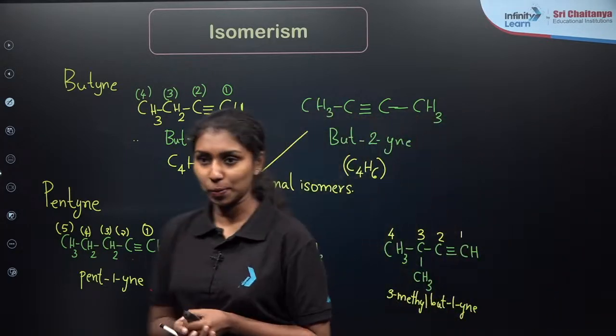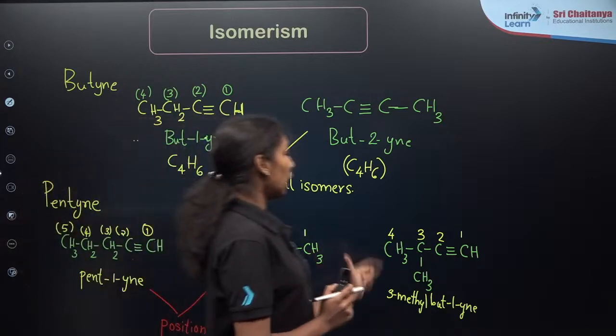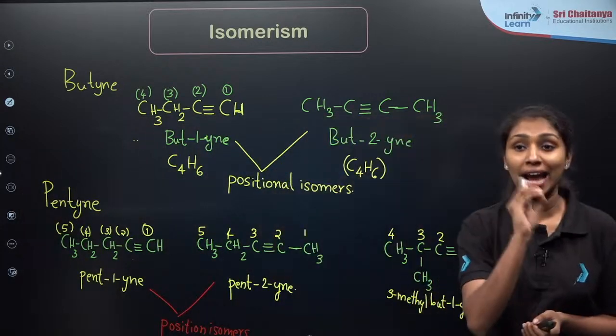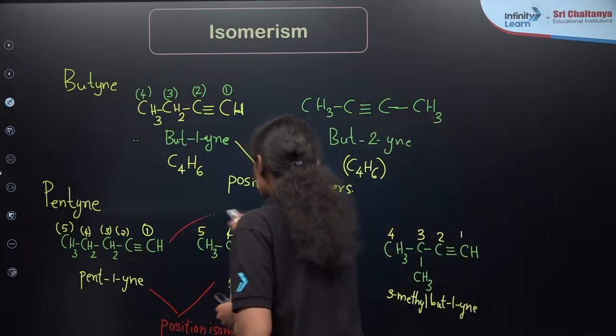Yes, it is a chain isomer, right? If you observe here, the first compound is a straight chain compound, but the third compound is a branched chain compound, right? So these are the chain isomers.